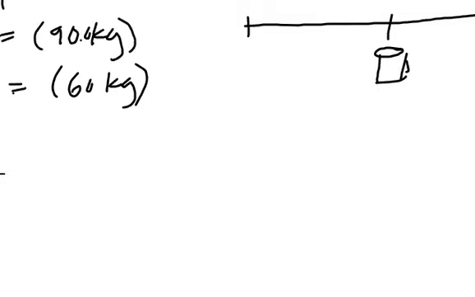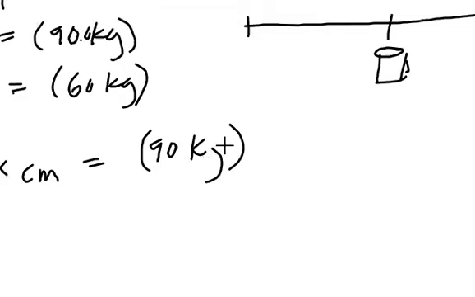The X center of mass, it's only in the X direction, equals the sum of the masses times the distance from the center, over the total mass. How long is that rope? That rope is 20 meters, so each of them is 10 meters from the mug.